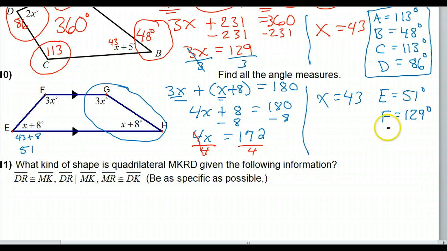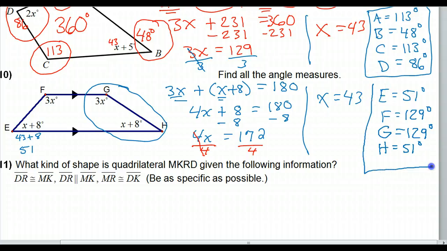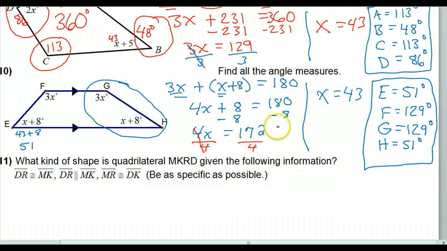Okay, of course, angle G, because of the symmetry, it's going to be the same thing. And angle H is going to be the same as angle E. Okay, so that's how you would record your answers. All right, last problem.